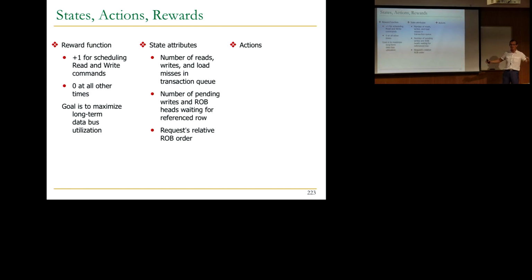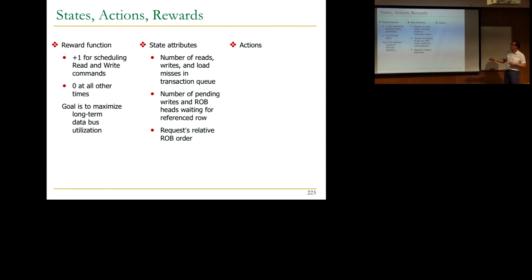ROB is reorder buffer. Basically, it's a structure in the processor to enable precise exceptions. And reorder buffer head means the request was generated by an instruction that's at the head of the reorder buffer, which means that it's the oldest instruction in the processor at the time. So it's important. It's waiting for the reference row. You'd better schedule that maybe. So that's an input to the machine learning algorithm.